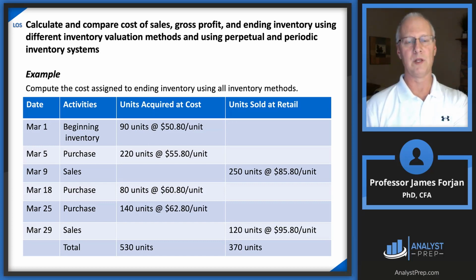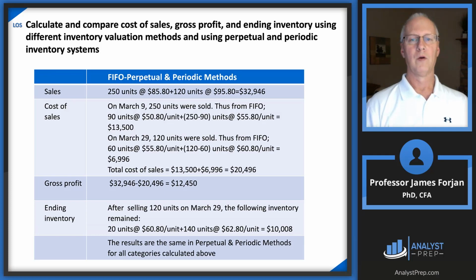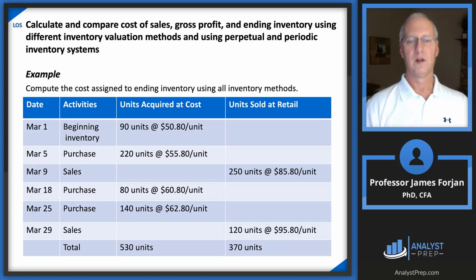So all we really need is another 160. So notice I've got the 90 units times $50.80 plus the 250 minus the 90, that gets me 160. So there's my cost of sales for the March 9th sale, 13,500.